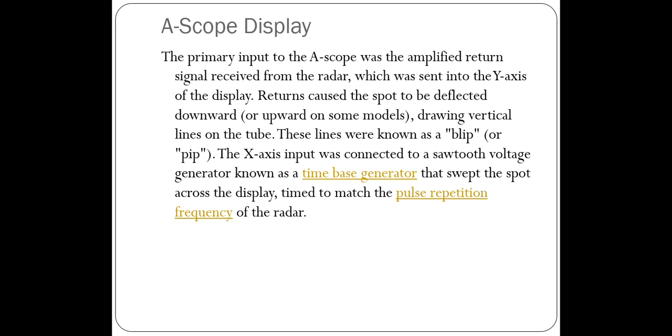Returns caused the spot to be deflected downward, or upward on some models, drawing vertical lines on the tube. These lines were known as a blip or pip. The x-axis input was connected to a sawtooth voltage generator known as a time-base generator that swept the spot across the display, timed to match the pulse repetition frequency of the radar.